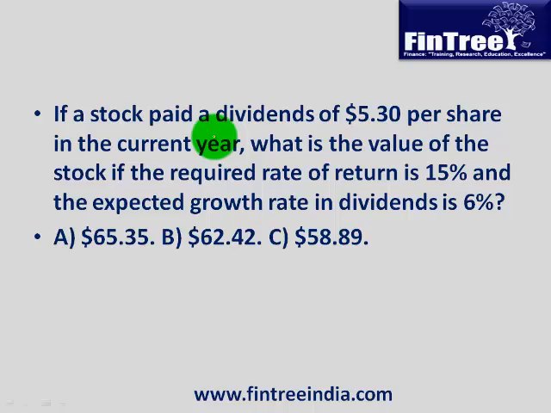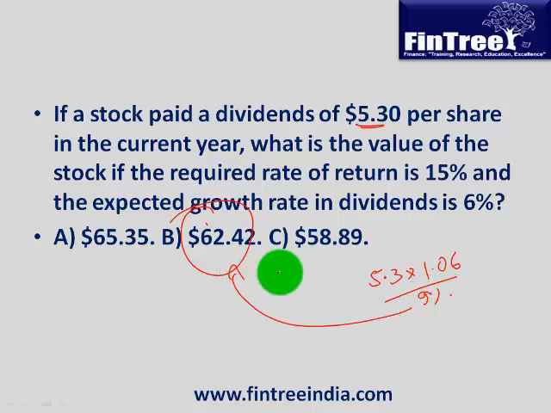Same question. Okay, so now the difference was, this was past dividend, whereas we used dividend of time 1. So 5.3 into 1.06 divided by 9%. Are we good to move?